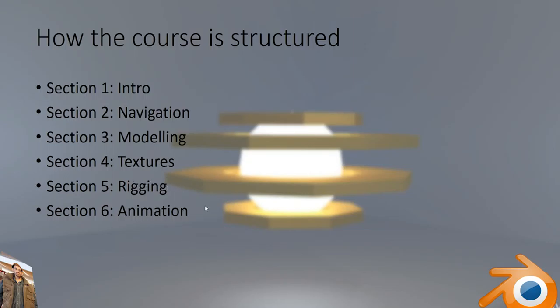So section 5 and 6 in particular will link together, because in section 5 you're going to actually create a human rig, and then in section 6 you're going to animate that rig. Very exciting. So that is what you can expect from this course.